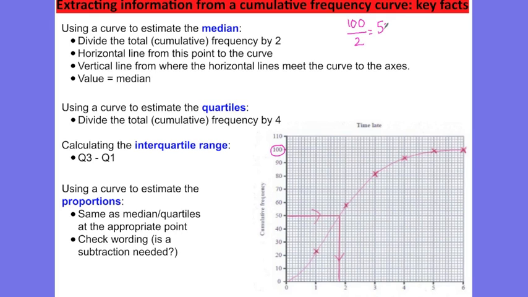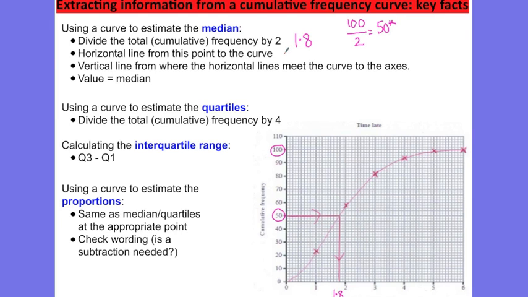So we are looking for the 50th value. Here we have 50 across, down to the line, and we have 1.8. This is the median, 1.8 in this case.